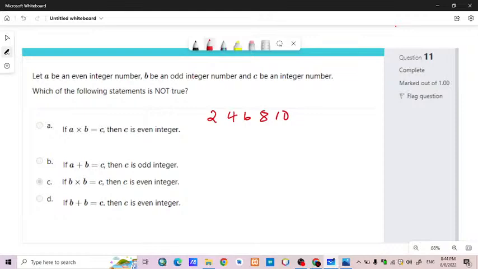When we are referring to odd numbers, we're talking about 1, 3, 5, 7, 9, and so on. If you divide these numbers by 2, you'll get a remainder. For example, if you divide 3 by 2, you don't get a whole number. So enough about that.